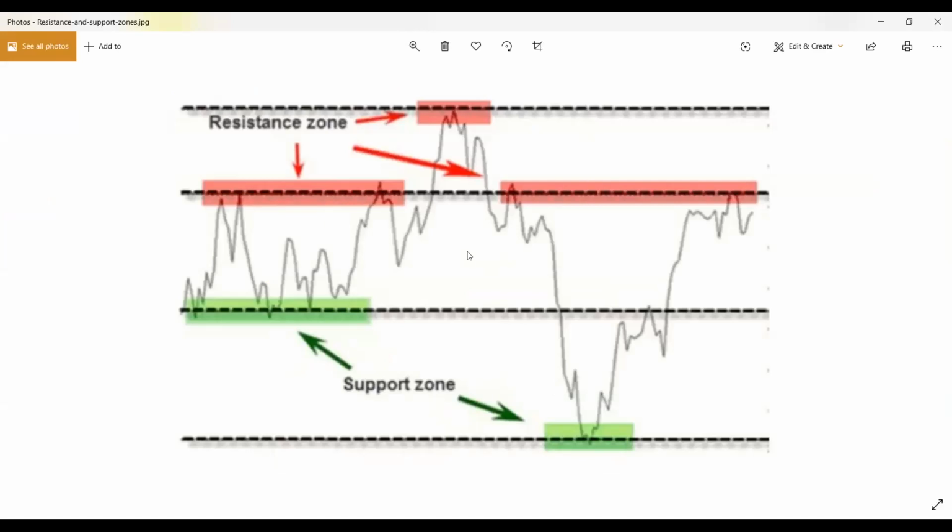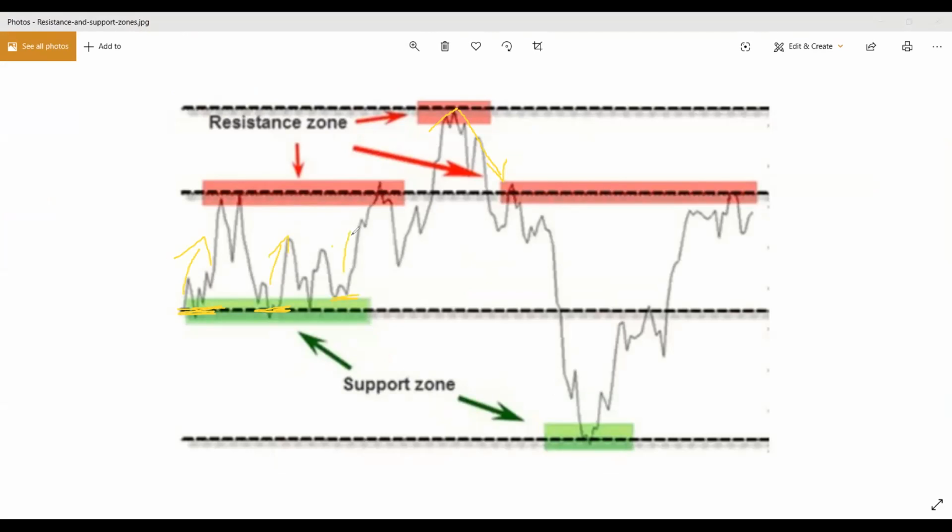Just like in this example here, we have a resistance in which price, when it gets there in a rising price, starts to go down. Here it becomes a support, because when price gets to that price level, it always rejects and starts to go up.